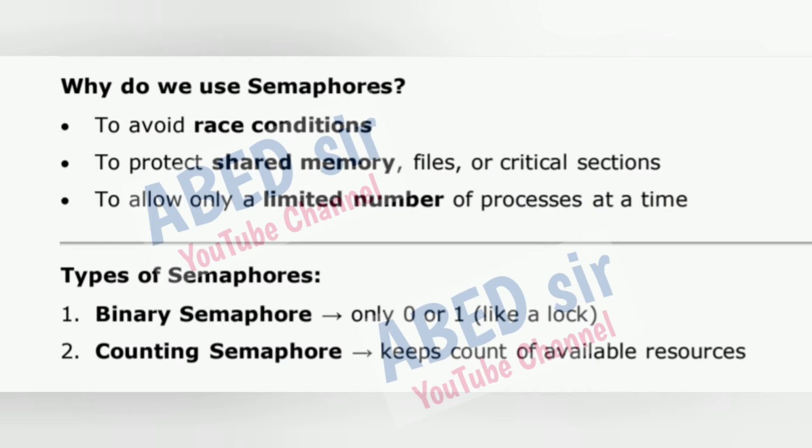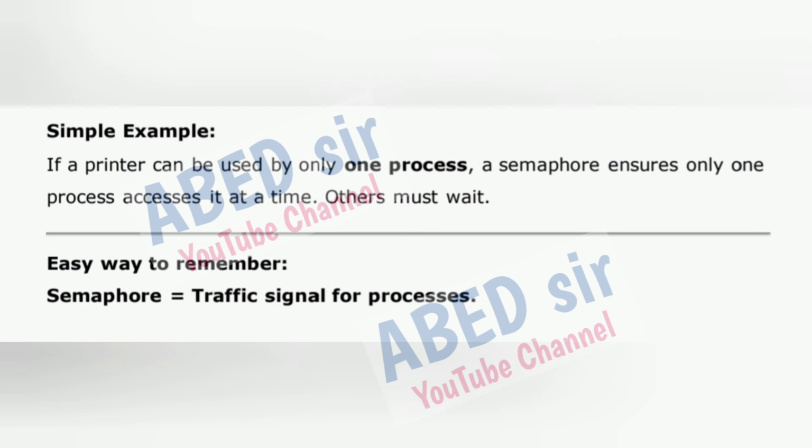Counting semaphore, keeps count of available resources. Simple example: if a printer can be used by only one process, a semaphore ensures only one process accesses it at a time. Others must wait. Easy way to remember: semaphore equals traffic signal for processes.